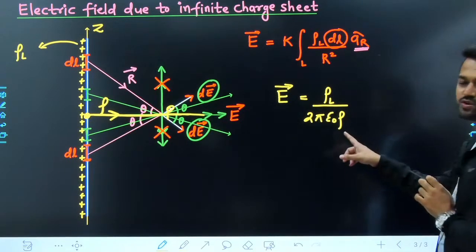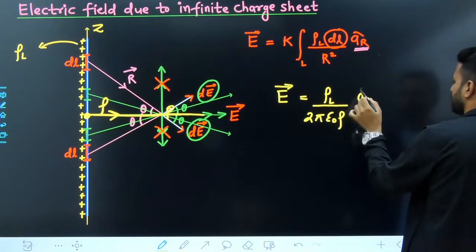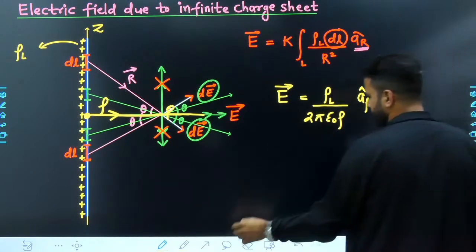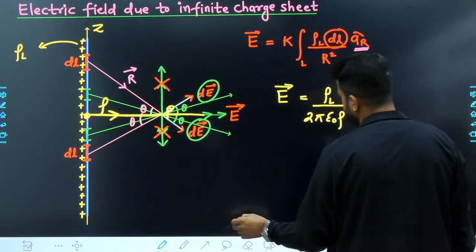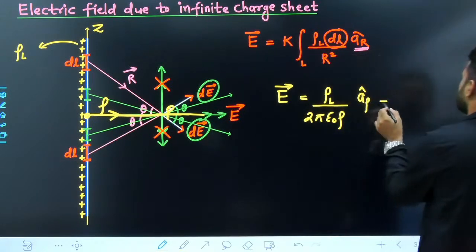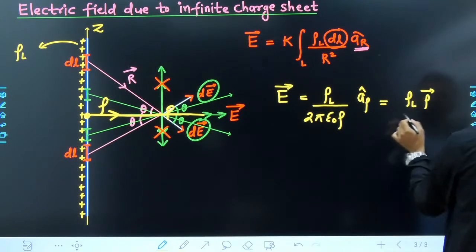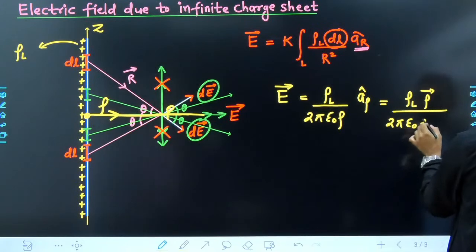This is the magnitude of the electric field, and the direction is in the direction of rho where you draw the perpendicular line. And in the form of a vector, rho L into vector rho divided by 2 pi epsilon naught rho square.